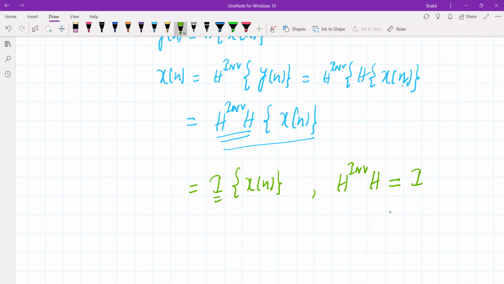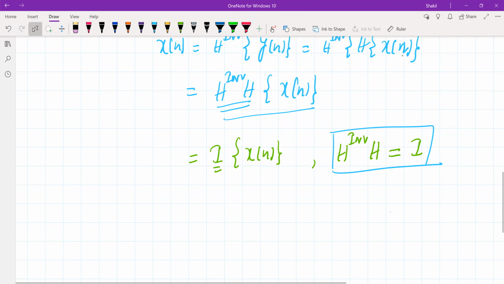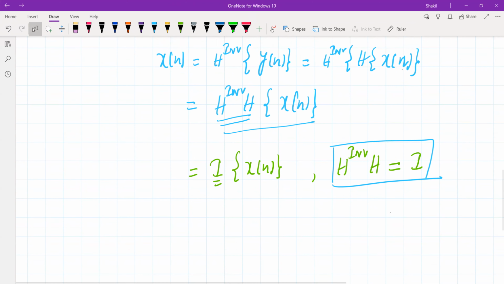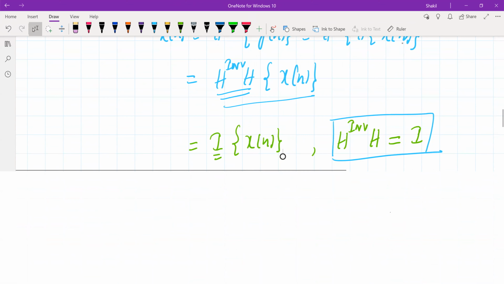I do not mean an identity matrix here; it simply means the total operation performed by these two systems must be an identity operation, so that the identity operation performed on x of n is simply x of n.